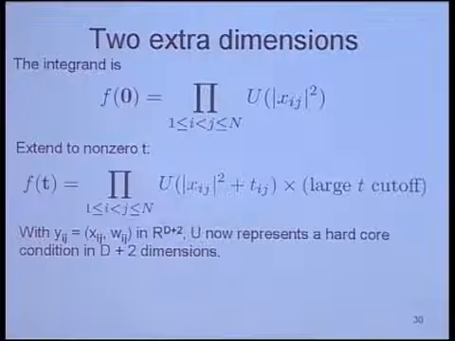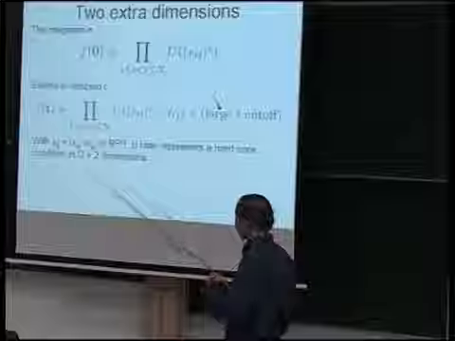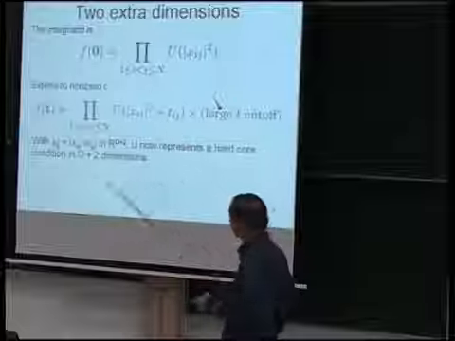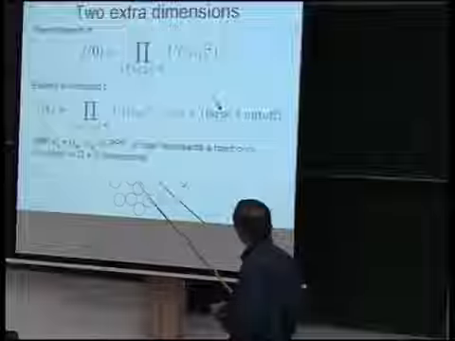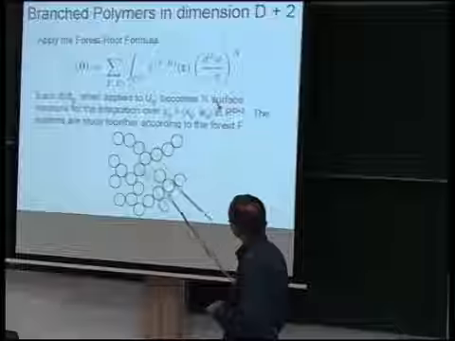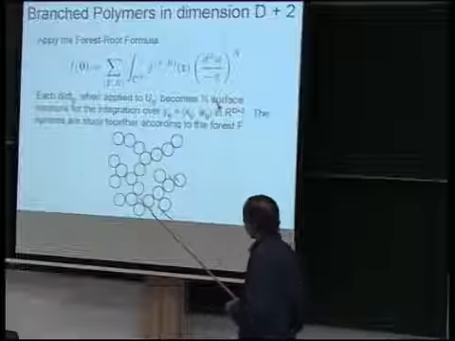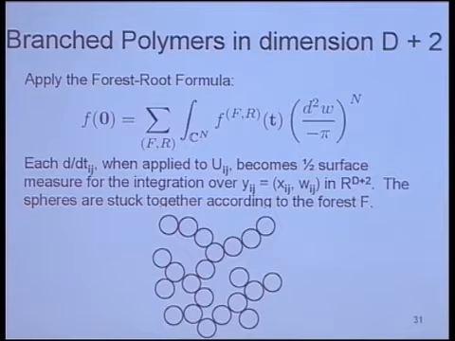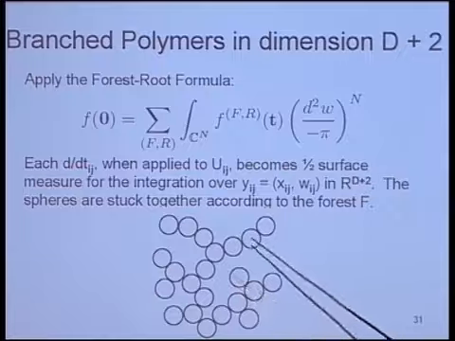We get the same issues of the trees decoupling, and in the end we get these tree graphs with hard disks, which I would call then the branch polymers in d plus 2 dimensions.